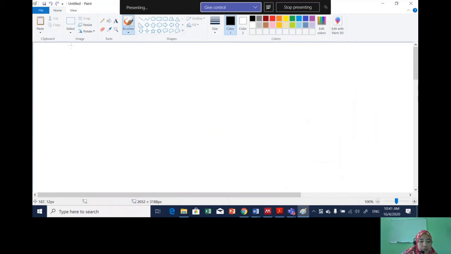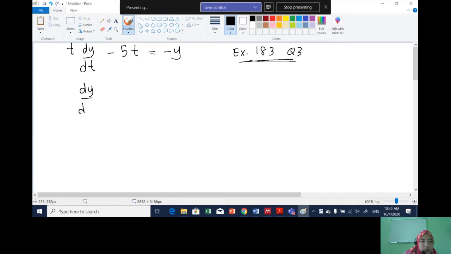This is the original equation. t dy/dt minus 5t equal to negative y. So this is the equation for exercise 183. So this is question number 3. Okay, so remember that this is not the form that we want.